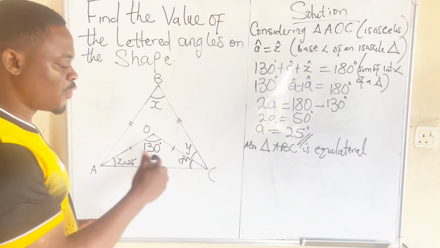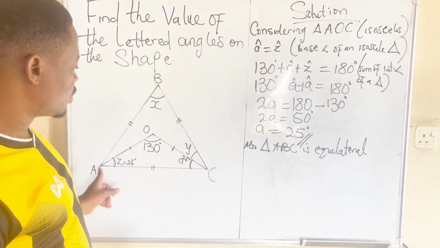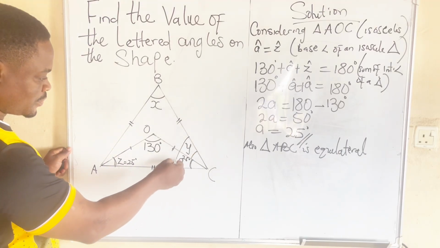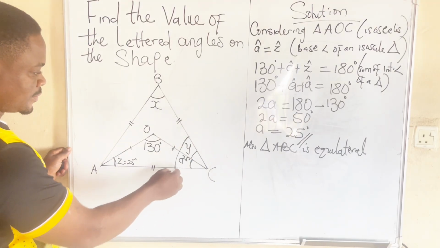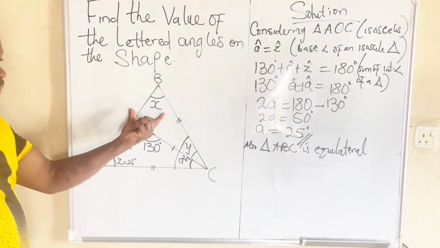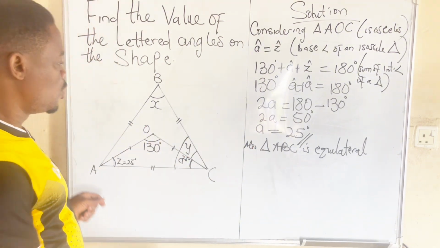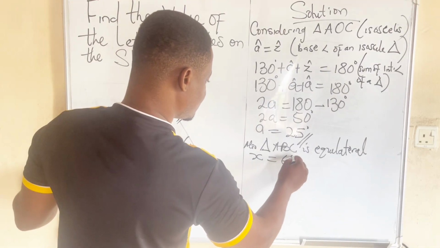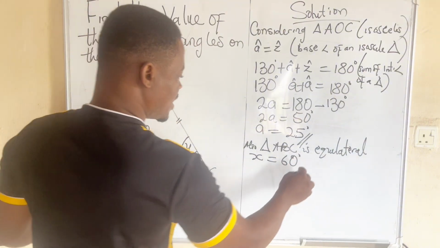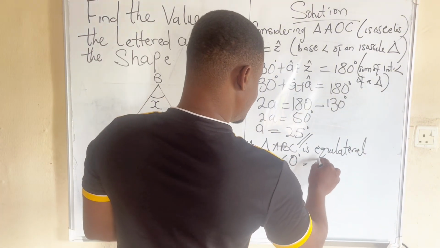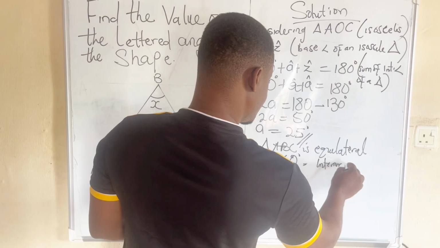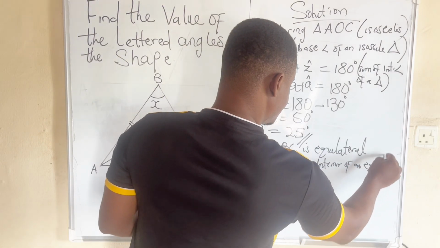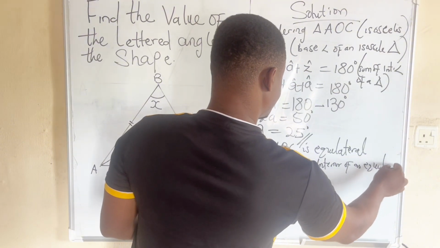So by the properties of an equilateral triangle, we have established that X is equal to 60 degrees. The reason is that it is an interior angle of an equilateral triangle.